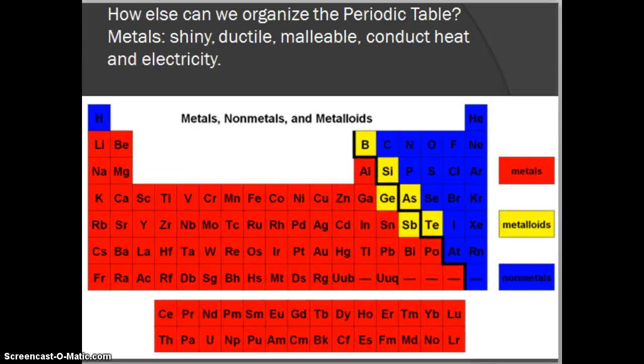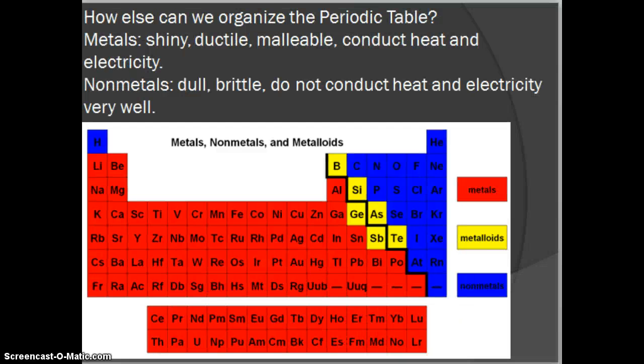Nonmetals. Oops, sorry, should have had that on this slide. Nonmetals. Give me a few properties of nonmetals. Hit pause, get at least 3. Nonmetals are dull, brittle, do not conduct heat and electricity very well. So some can, but really poorly. All right, metalloids. How would you describe the properties of metalloids?